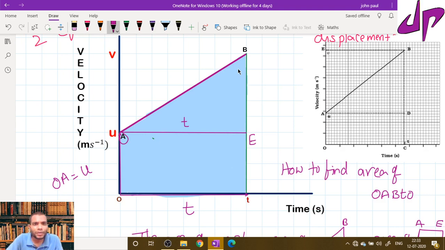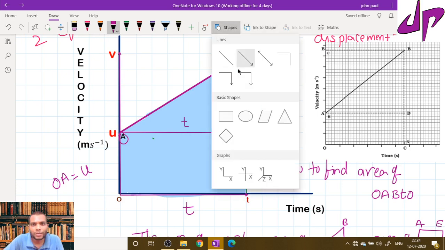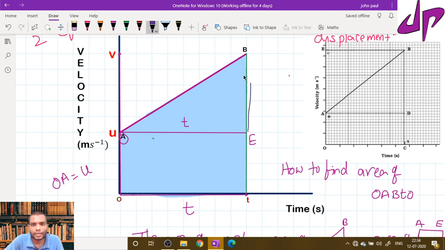We know OB is equal to V, and OA is equal to U. I need to know BE, the height of the triangle. If we subtract OB minus OA, we get BE. So BE equals OB minus OA, where OB is V and OA is U.